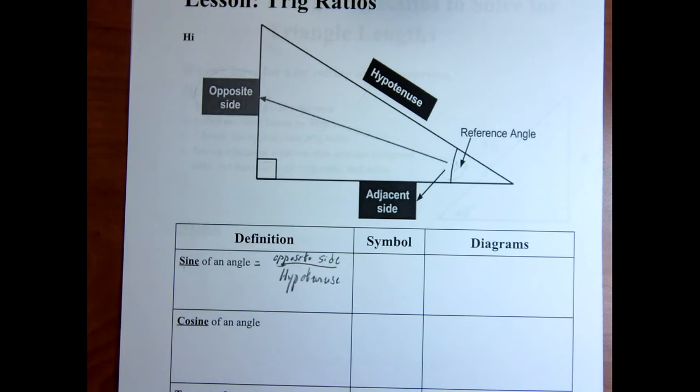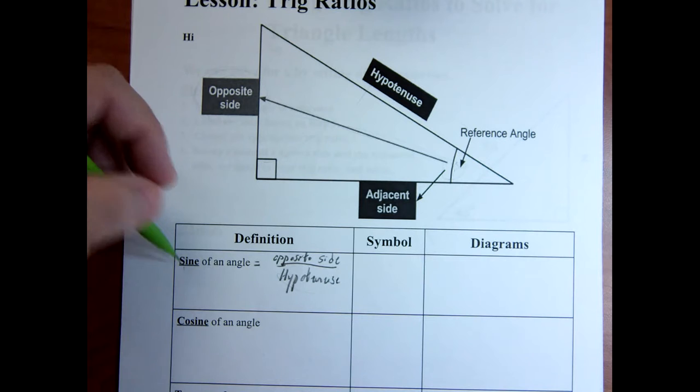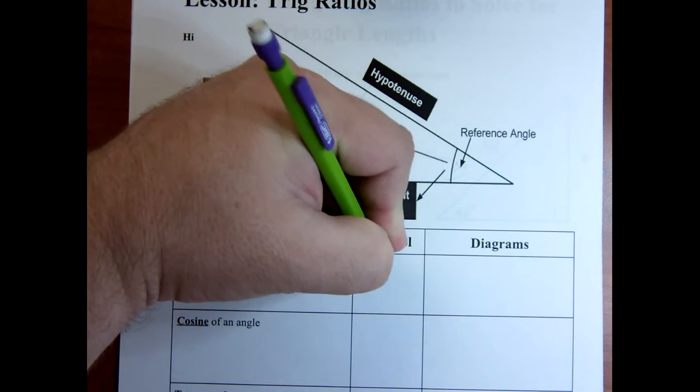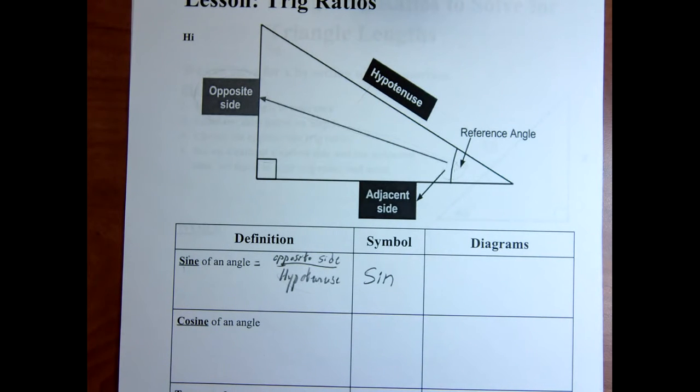We don't like writing out this long phrase every time to represent this ratio, so we'll oftentimes abbreviate the word sine using these 3 letters. Please be aware, do not pronounce that sin. It sounds incredibly ignorant, and not only is it rude and ignorant to speak that way, but it makes no sense to anybody listening. So this is still pronounced sine, even though it's an abbreviation for this word sine.